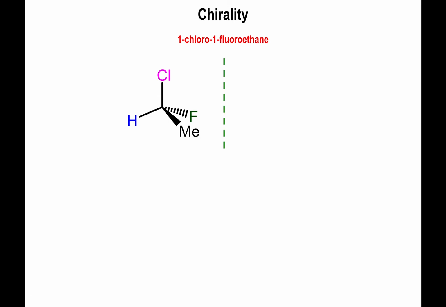If we were to look at the mirror image of this molecule, what we would end up drawing is the following. Notice that the fluorine here is still pointing to the back, the methyl is still pointing to the front. That's because it's the mirror image. So you treat this segmented line as if it were a mirror, and you basically just see the reflection of this molecule. Bonds that are on the page themselves remain on the page exactly.